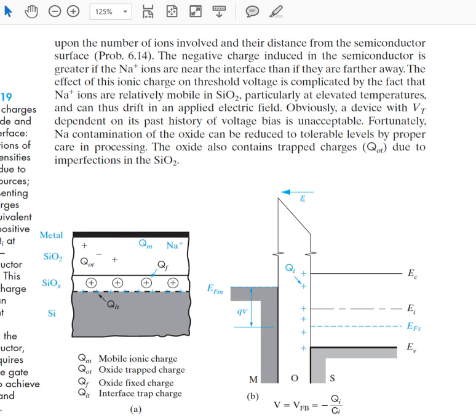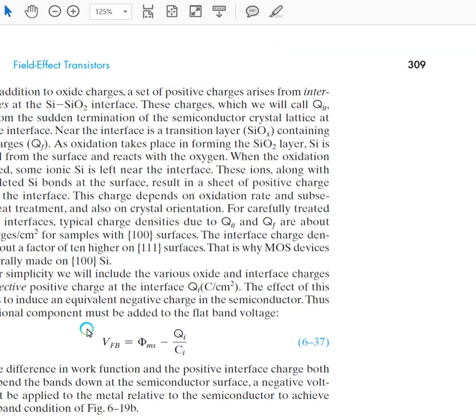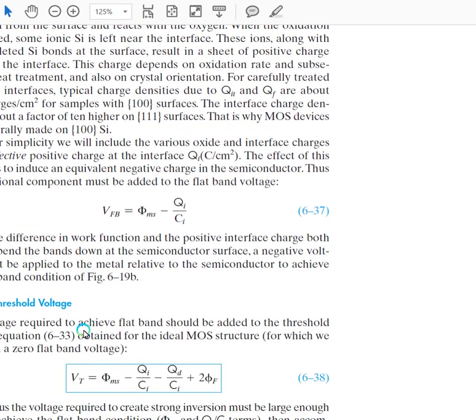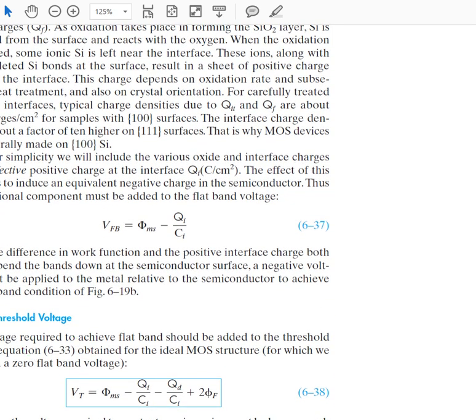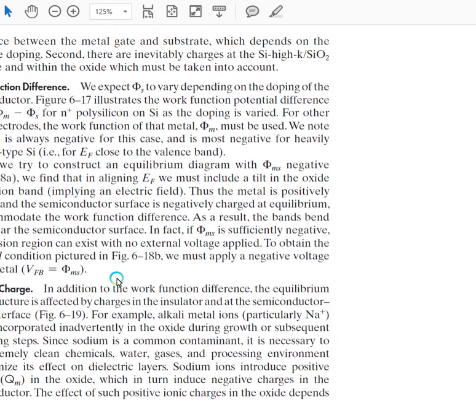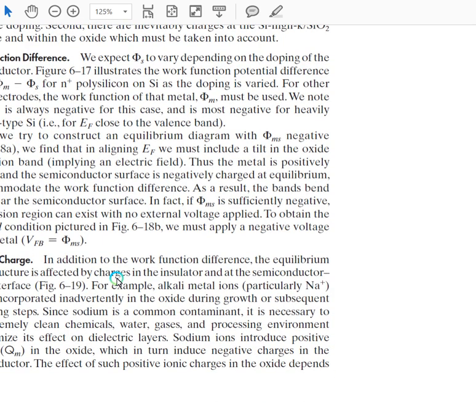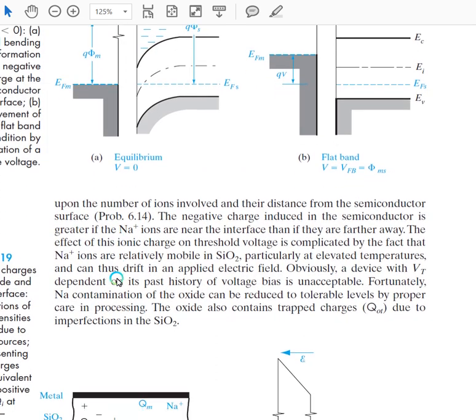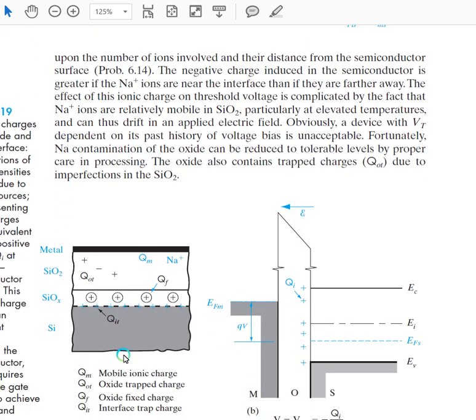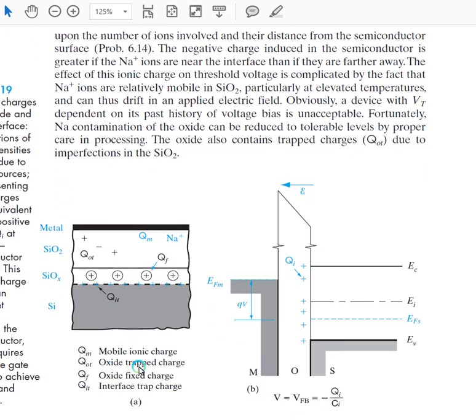And then we have another charge. We can have oxide trap charge, the charge which is trapped in the thickness of the oxide, denoted by QOT. We may have oxide fixed charge, denoted by QF.